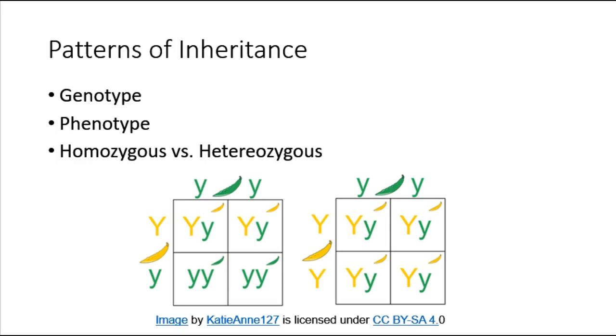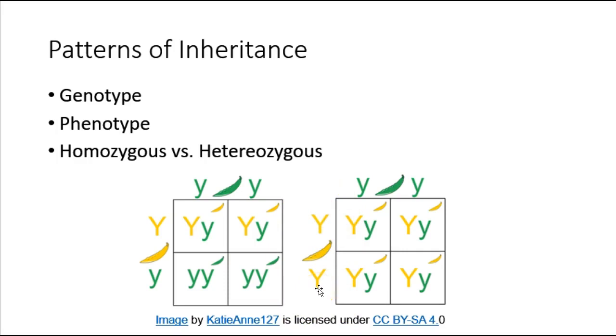So if you remember back to high school biology, you might have done these Punnett squares here, and you can see that in this instance, the genes are either a capital Y or a lowercase y, and they've also color-coded them for us to make it a little bit easier to see. So if you have two copies of the lowercase y, that green lowercase y, you are homozygous. Or if you have two copies of this uppercase Y, that happens to be yellow, you are homozygous.